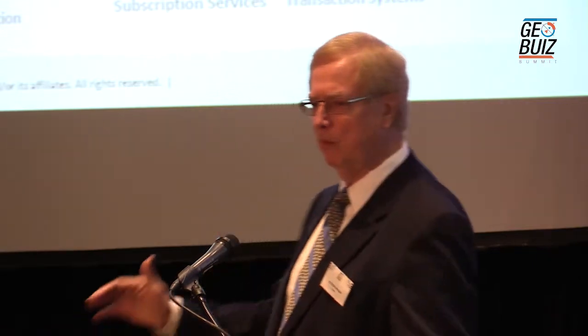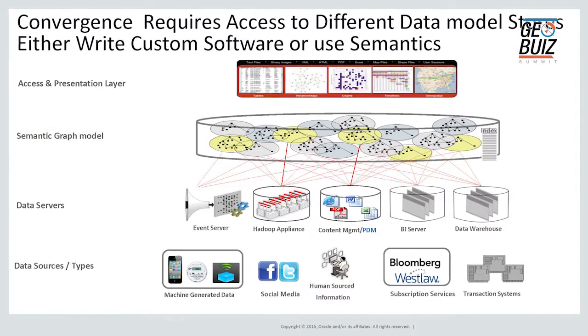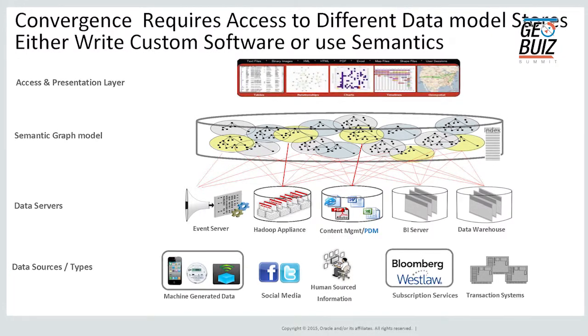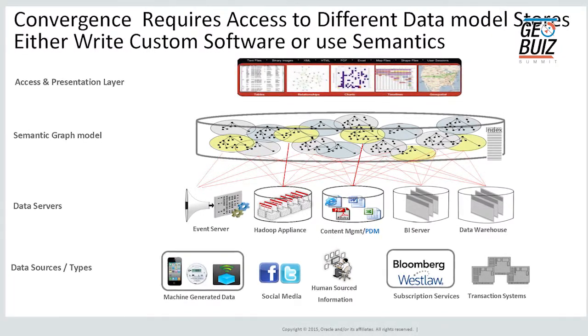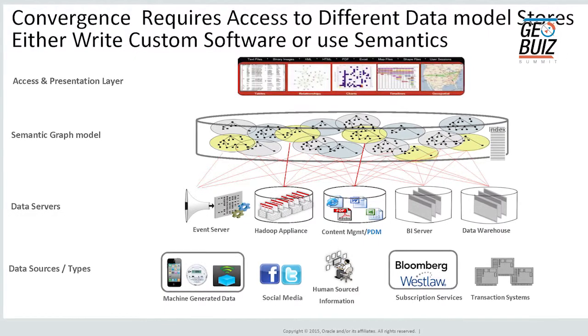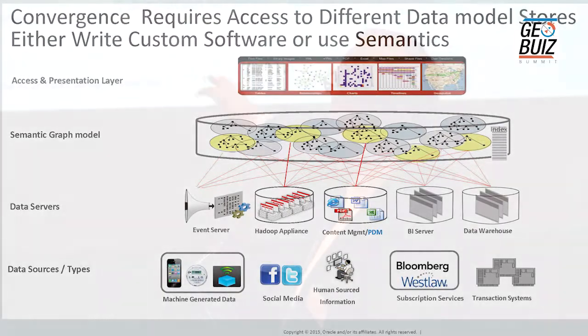Let's see if I did this right. Okay, all right, so the three people that talked to me about BIM, this is the obverse of that. What this is saying is, I have several different stores that already exist, and we can't get people to change them. They're too deeply embedded already, and the costs have been spent. So I've got my event, my BI, my content.